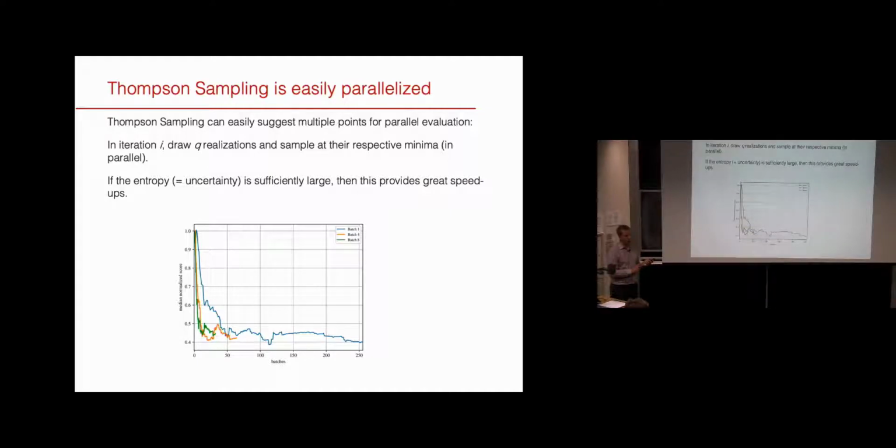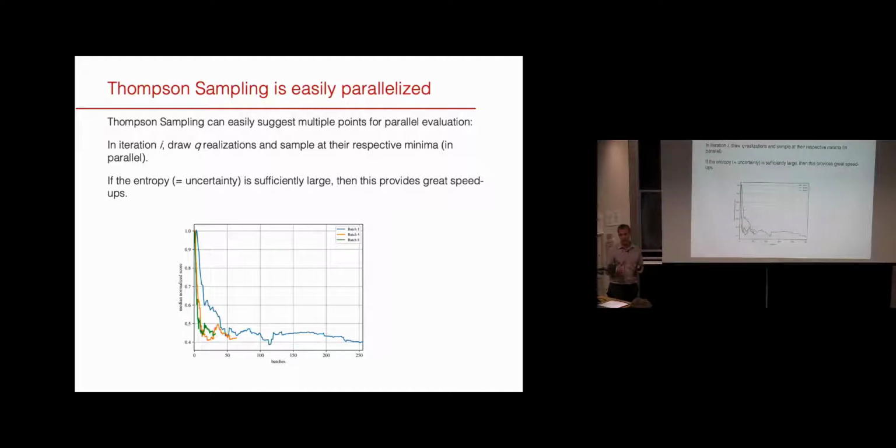Okay, let me also point out this type of parallelization is very cheap, right? I mean, if I take 10 realizations or 100 realizations or 1,000 realizations, that scales linearly. So it's actually very cheap to go to large batch sizes, whereas other batch Bayesian algorithms usually require solving a hard problem whose dimension equals the batch size.